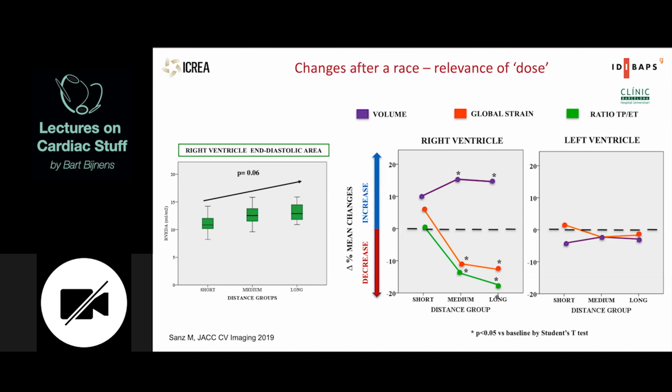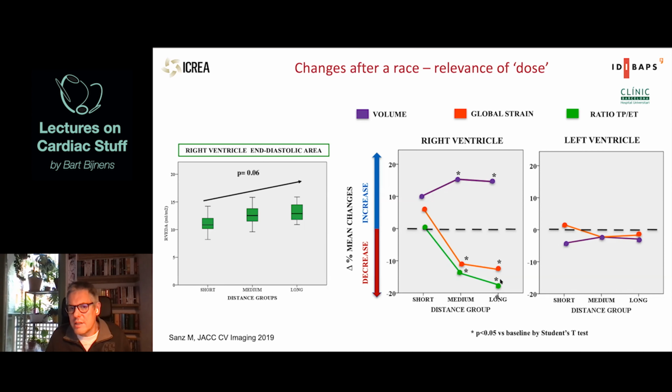That means, well, if they have those dilated ventricles due to the race, and then suddenly they stop, their cardiac output needs to go down. So it's kind of expected that the strain goes down. Yes, partially, but it's still the assumption that you do it quickly enough that there are changes.